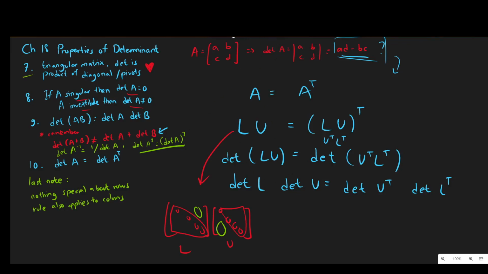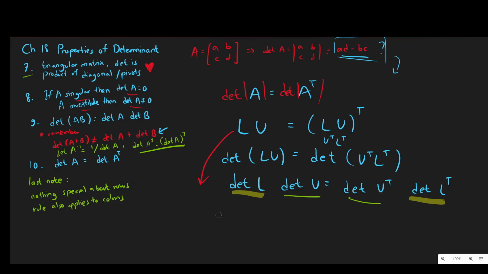And what I want to say is that this term and this term, and this term and this term are actually the same. So they both are the same, thus these two must also be the same. That's it, I guess, for the proof of property number 10.